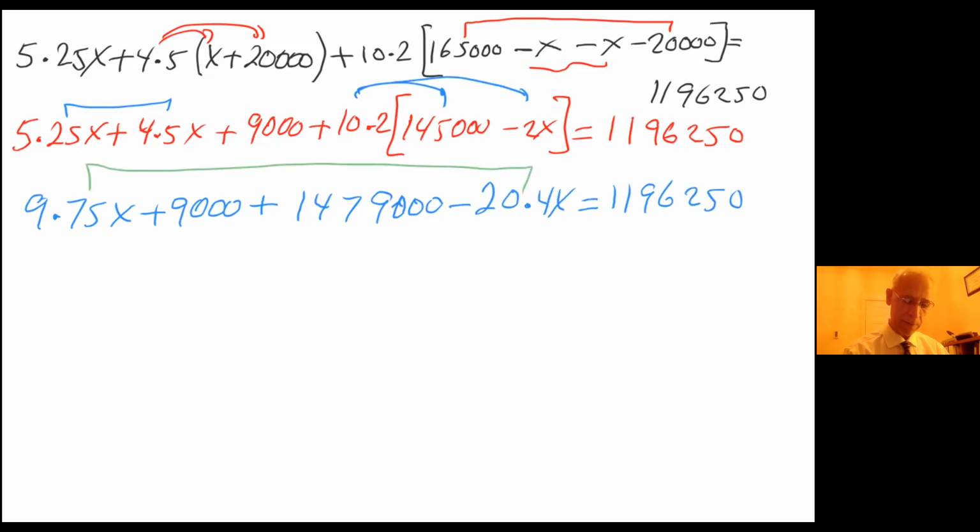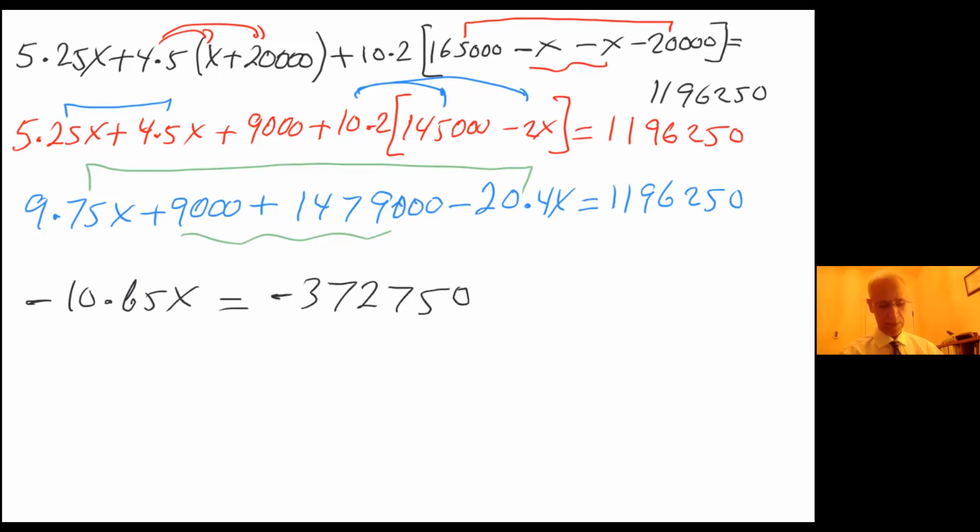Now notice that these two are like terms, and these two are like terms, so I can subtract these two numbers from the other side. Combining 9.75 and minus 20.4, I get minus 10.65x equals 1,196,250 minus 90,000 minus 1,479,000, which gives me negative 372,750.